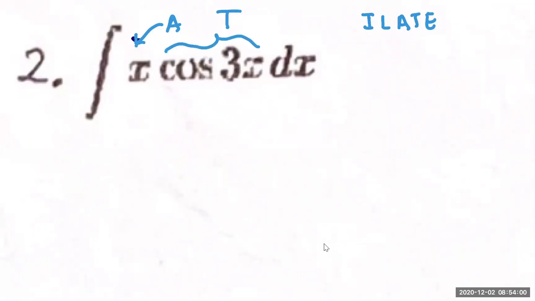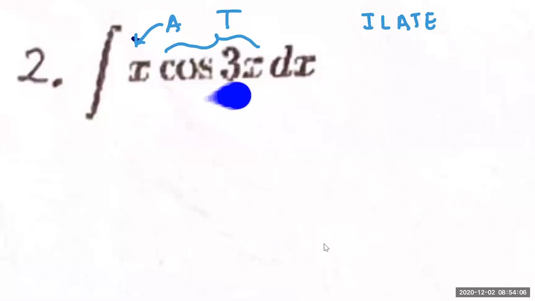Okay, so a quick refresher on tabular: you can only use it if you have something algebraic followed by something else for your u. In this case, we have an algebraic part, which is the x, and a trig function. Algebraic only comes before trig and exponential.